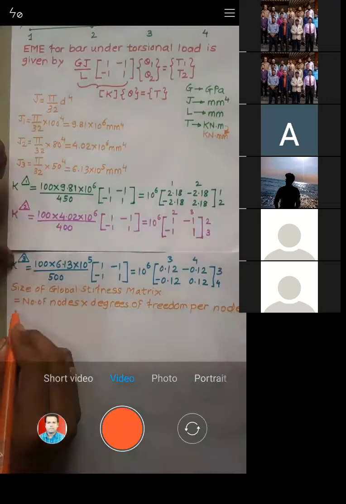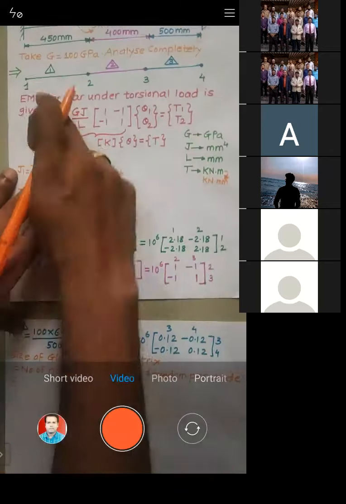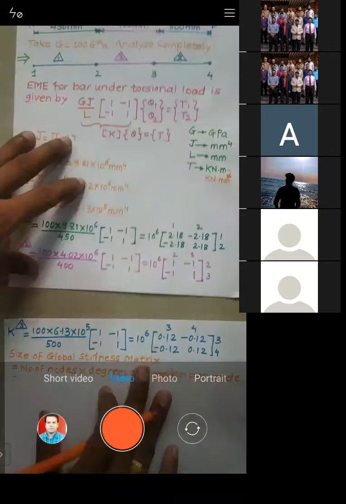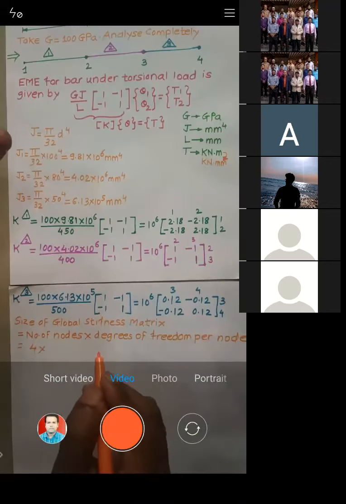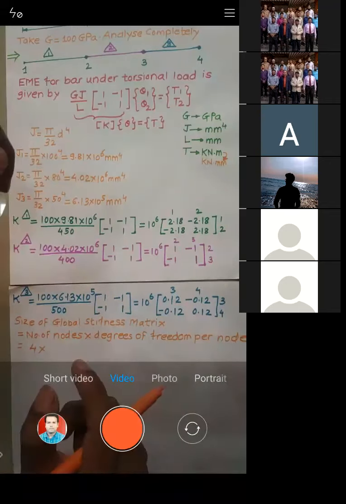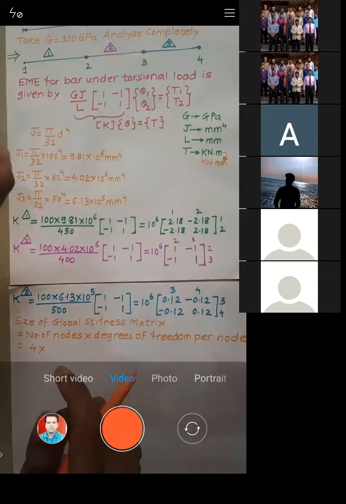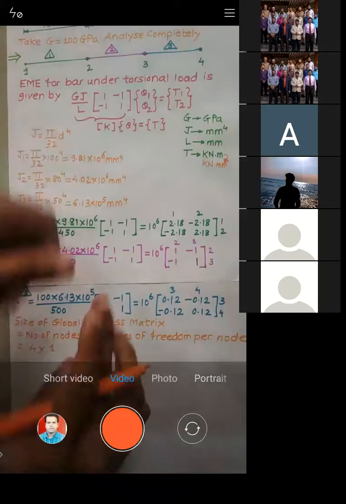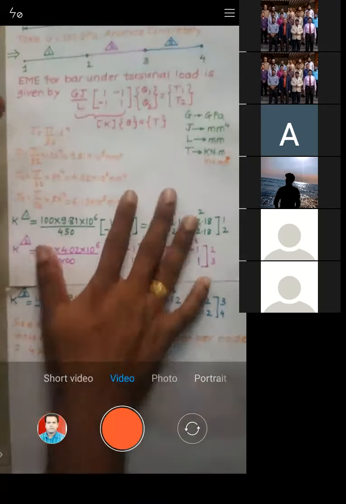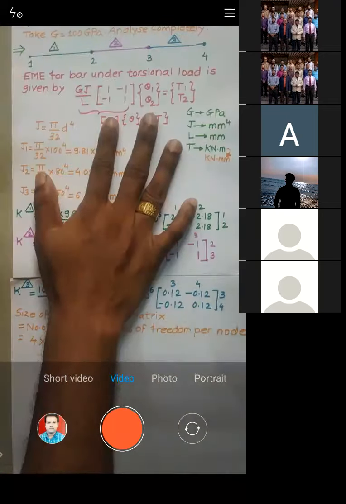When we come back to the diagram, we have a total of 4 nodes, right? And each node can move in only one direction. That means only angular rotation is possible, that is only angular displacement.